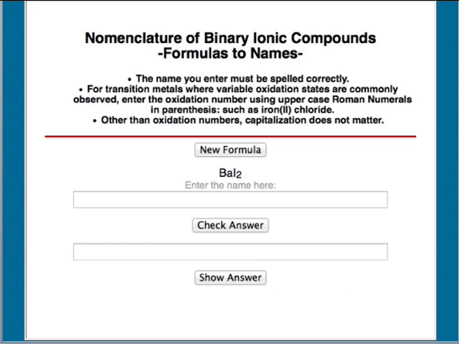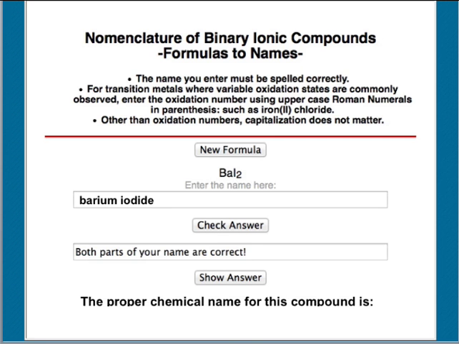I is iodide, right? Barium is here in group 2, so we don't need to put a charge, because they're always going to be 2, aren't they? Therefore, for our name, we would simply say barium iodide, and we got it right.